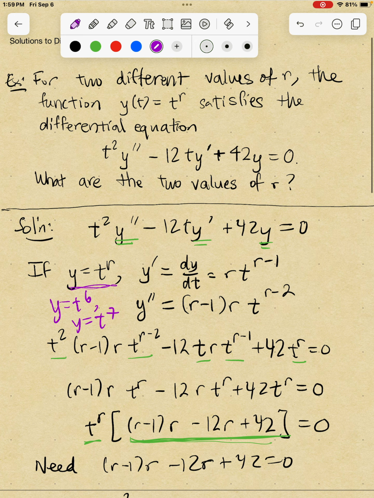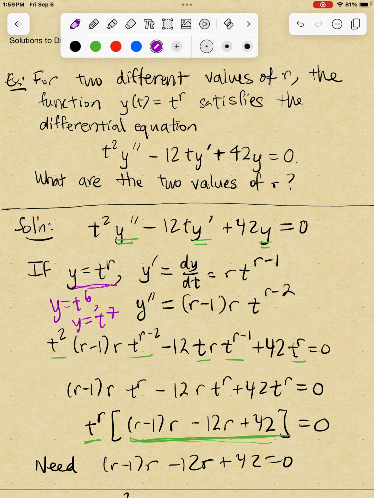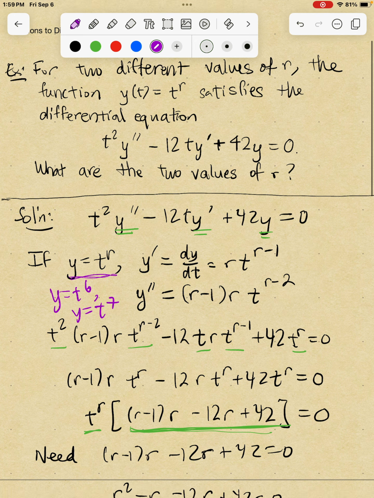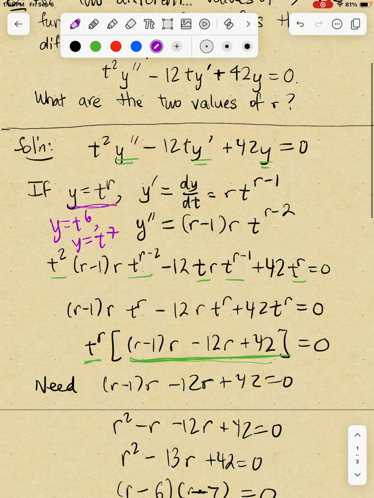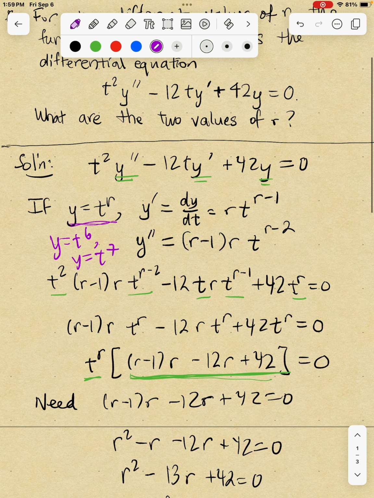But you're told that there are two different values of r for which it does work, and we found that they're going to be 6 and 7. Okay, we found two values. If we found 5 values of r, then we would have to test them until we got 2 of them that worked. But here we got 2 values of r, and we're told that 2 of them work, so it must be these 2 values.